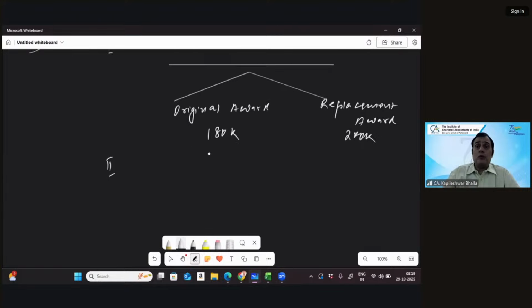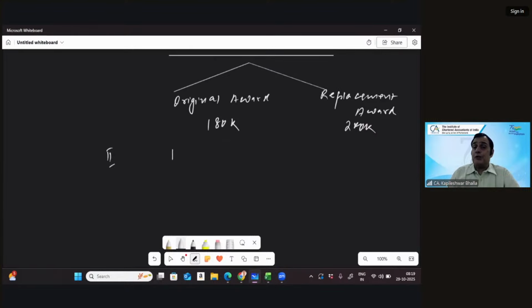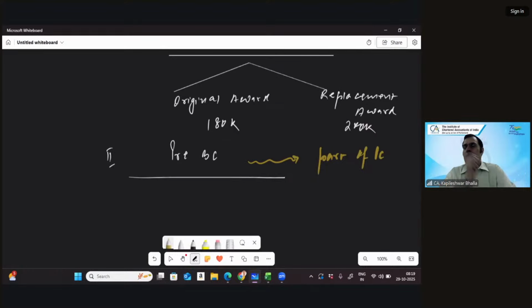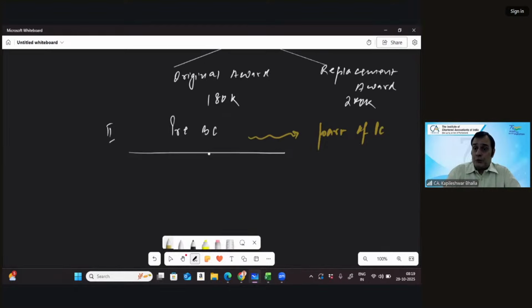Step number 2 involves the calculation of the pre-business combination portion, and the portion which is pre-business combination is going to be a part of the purchase consideration. That also reminds me, which I'm going to pen down in the mind map, what kind of entries you will pass for this particular purpose. We'll incorporate that in the mind map very soon.